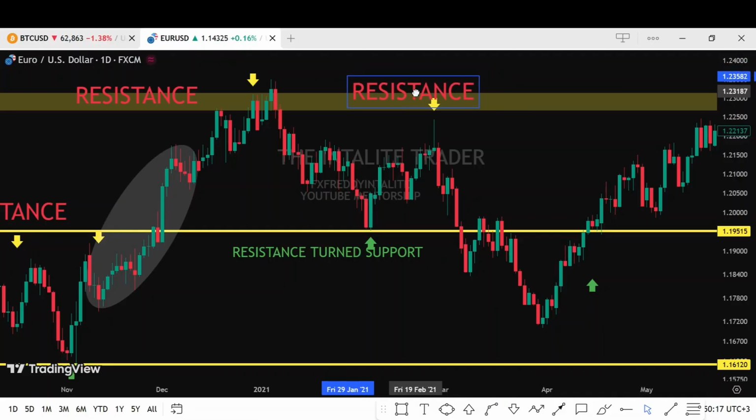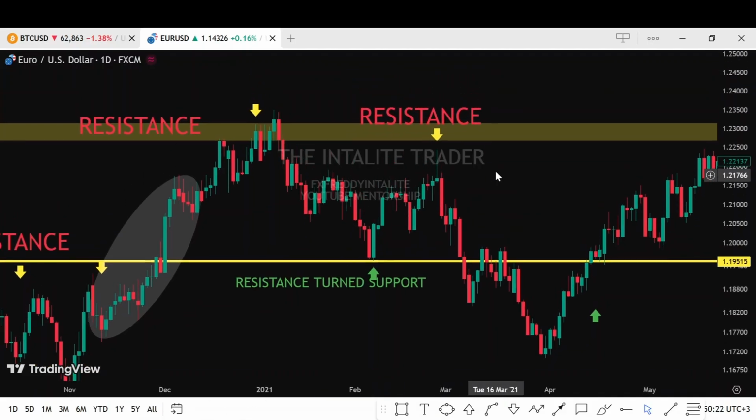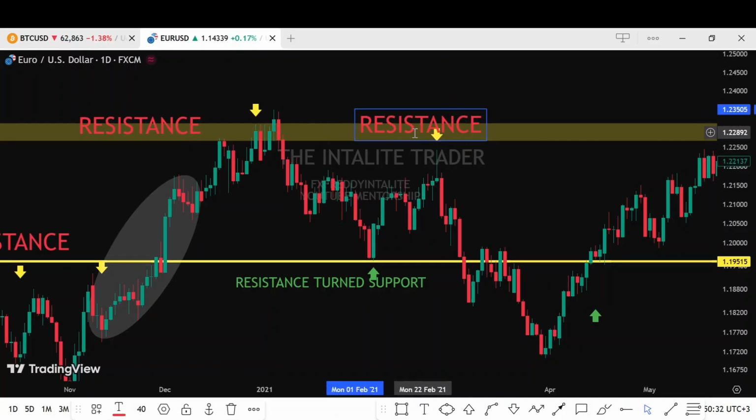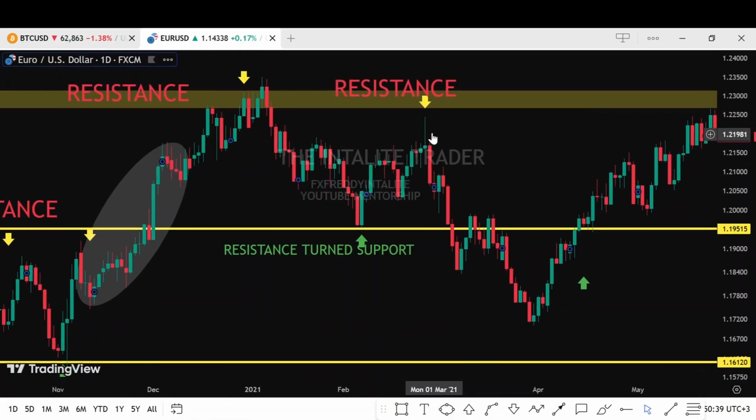It again comes into the same resistance level. Now, because price failed to break above here, instead it got resisted as it was trying to go up. It faced resistance and it pushed lower.